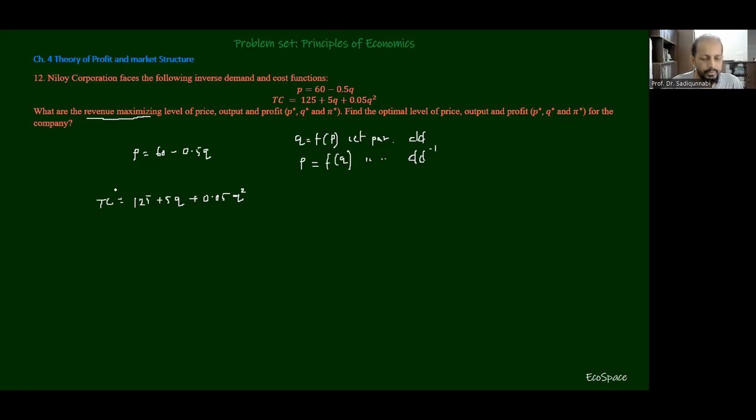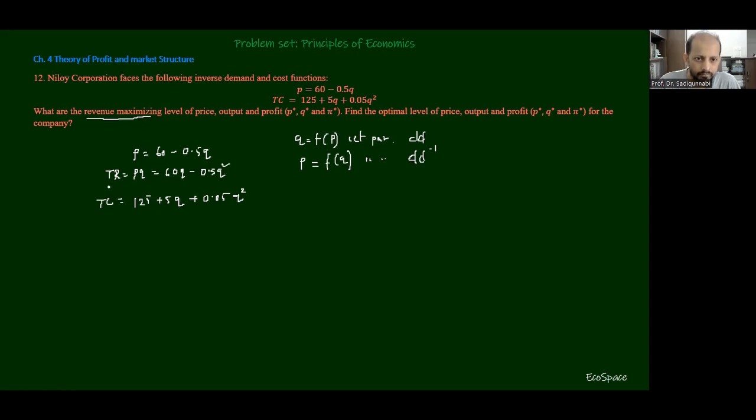So let's try this. From this equation, we can find TR equals PQ equals 60Q minus 0.5Q squared.